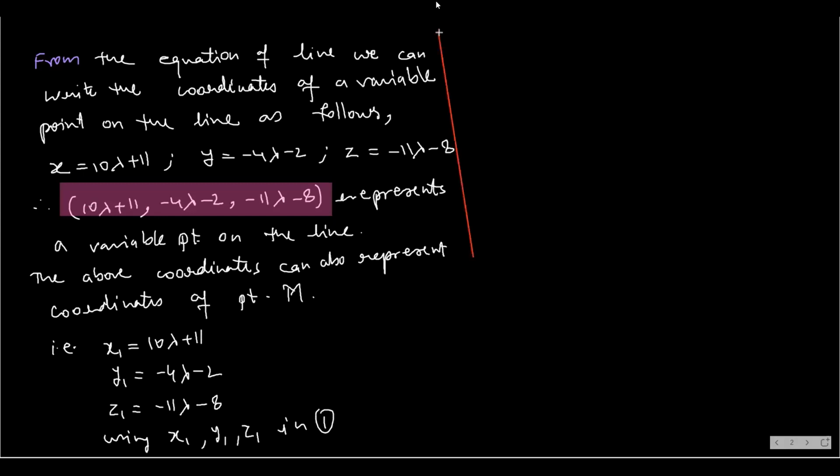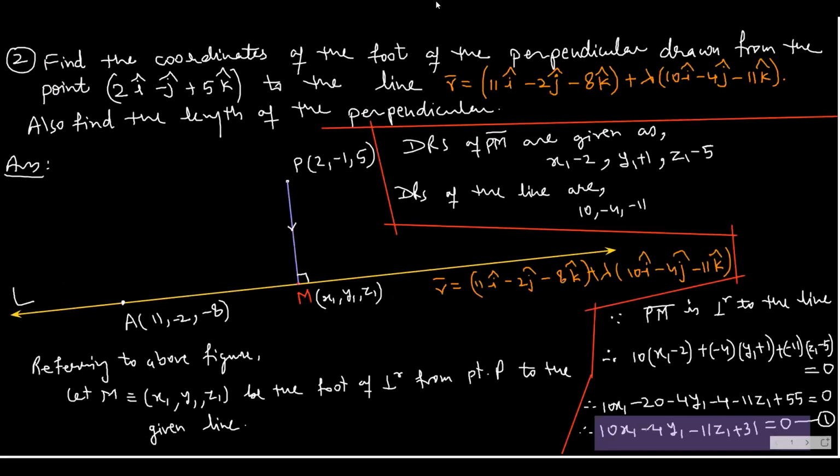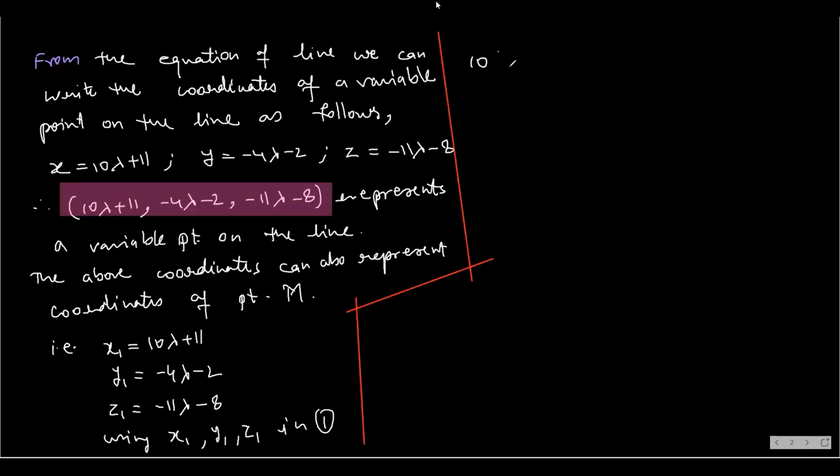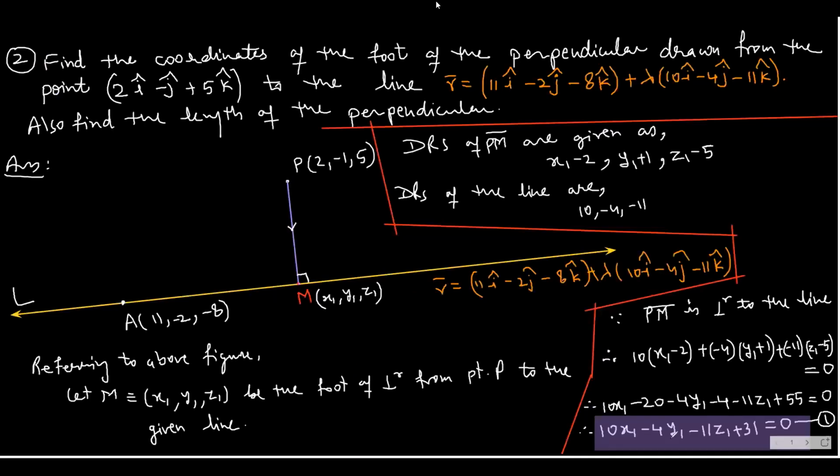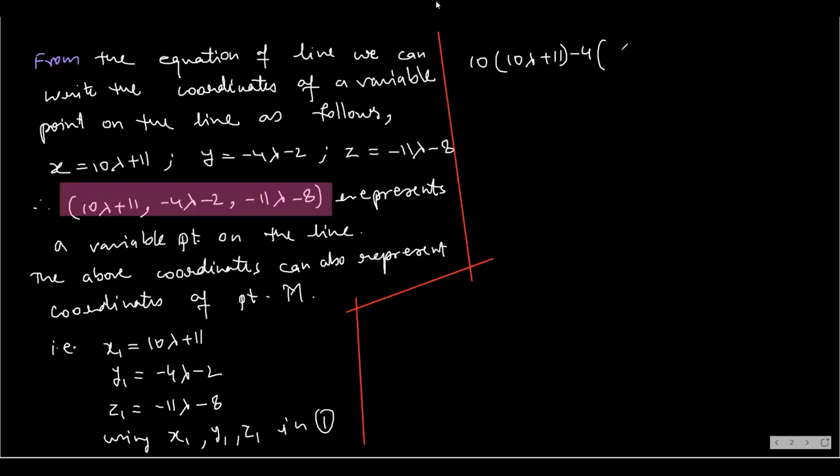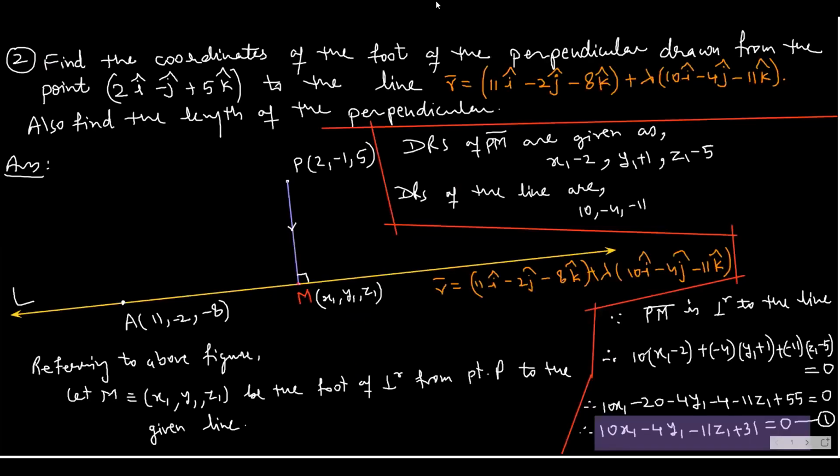See, what was that equation? It was 10 times x1. So you have 10 times 10 lambda plus 11. Then you have minus 4 y1. So minus 4 times, what is y1? Y1 is minus 4 lambda minus 2. Okay. Minus 11 times z1.